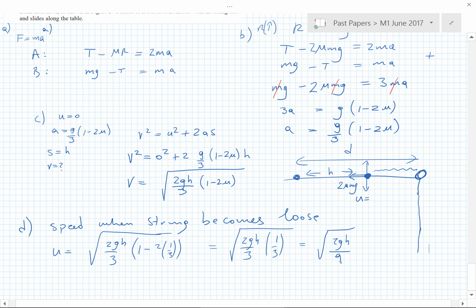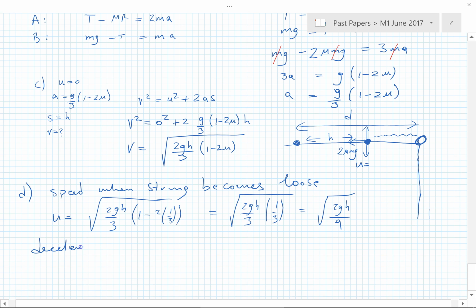Now we need to work out the deceleration, because the only thing that's slowing it down, the only force on it now, is friction.